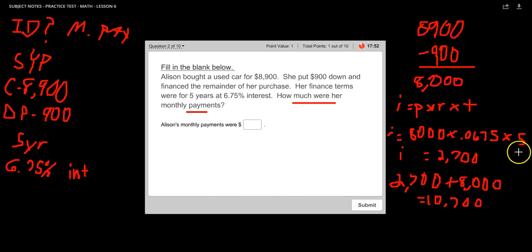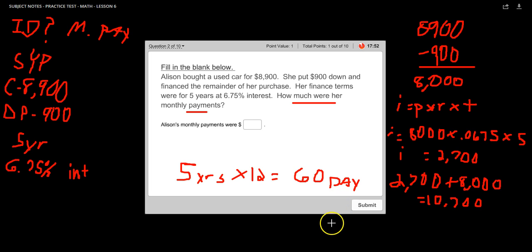Now we know that 5 years times 12 months in a year equals 60 payments she's going to make over the life of that loan. So now the math is pretty simple at this point.